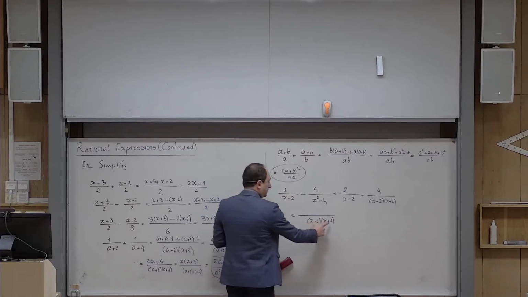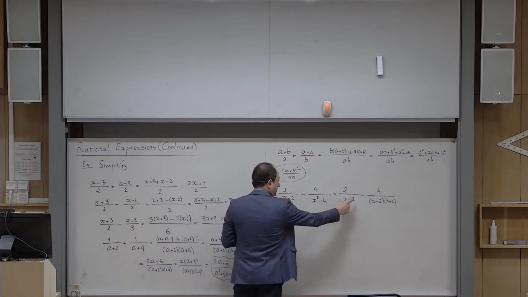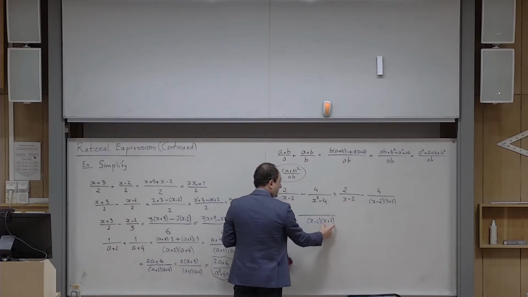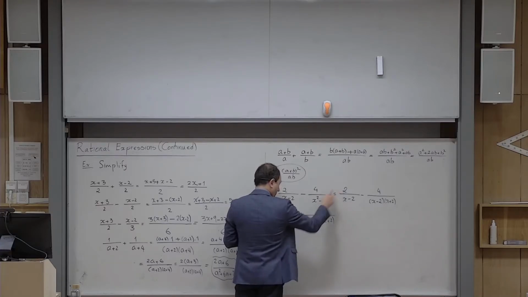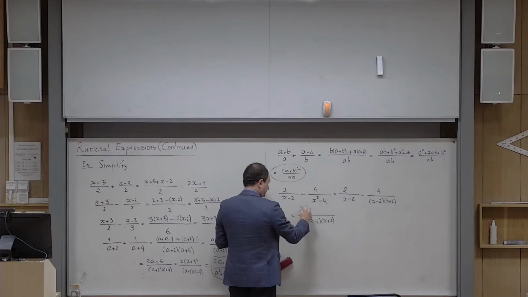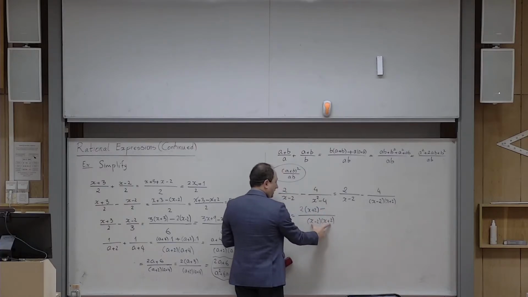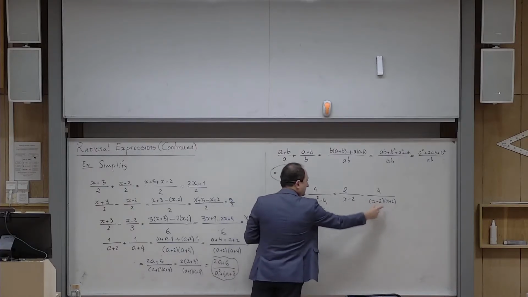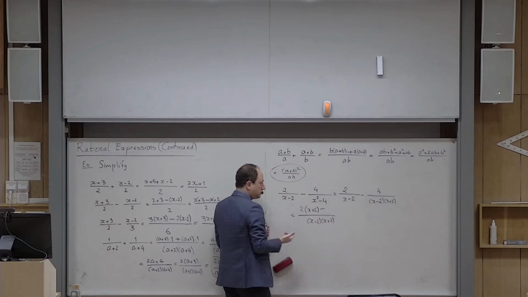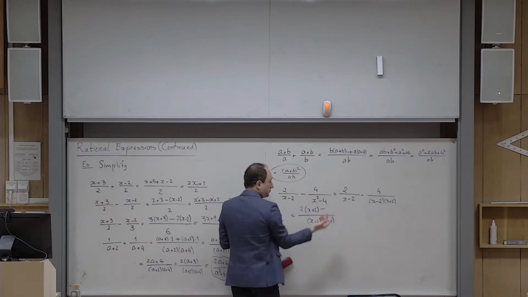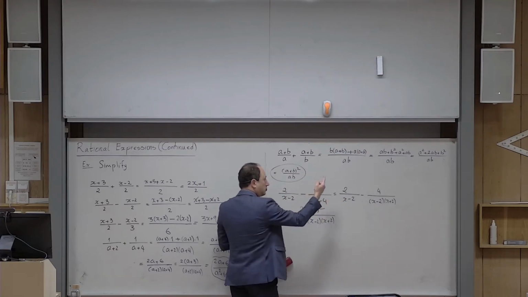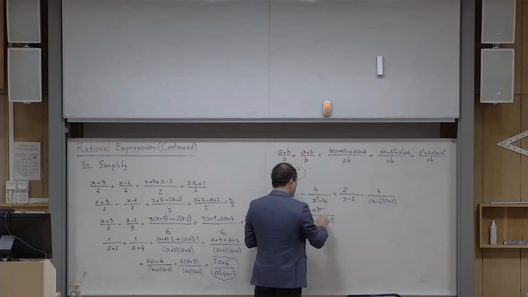And then you say, okay, I divide it by that, it becomes x plus 2. I multiply the x plus 2 into the numerator. And then I have a negative sign here. And I divide this by that, which becomes 1. Yes? If I divide this by itself, it becomes 1.